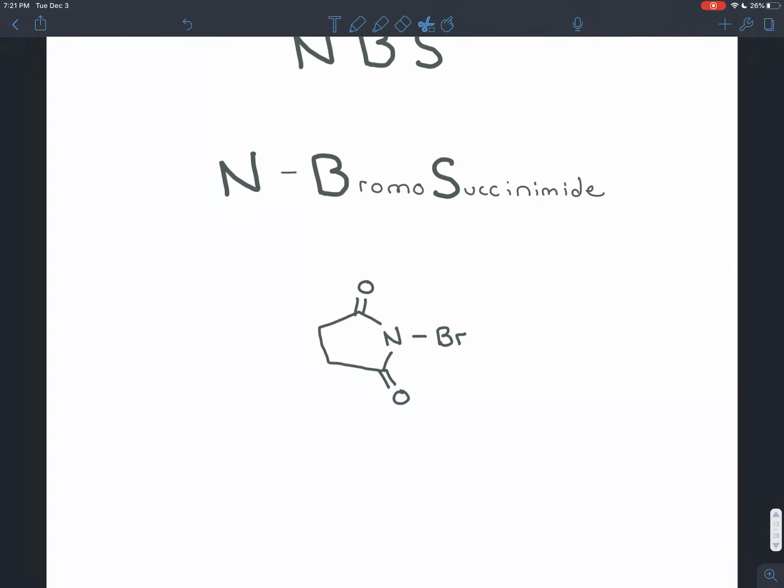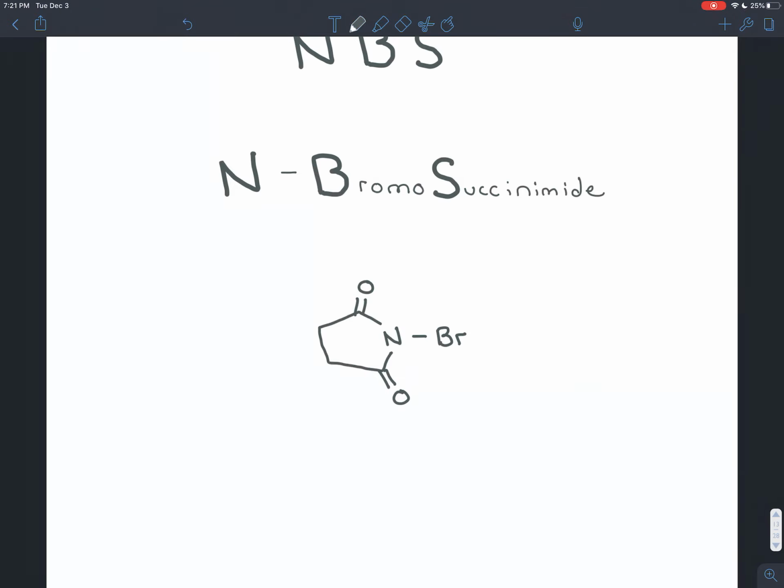What you'll notice is that this nitrogen is allylic to both of the carbonyls. The nitrogen is one atom away from this carbonyl and one atom away from the other carbonyl. And so if you have a lone pair or a radical that forms on that nitrogen, then it can be stabilized over all 5 of these atoms through resonance.